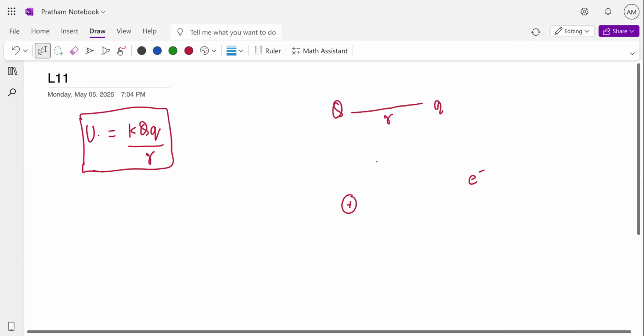So I'll just remove this. Just let me know, if I remove this charge from here, to stabilize this charge at this point, do I need any kind of energy? No, right? So it means to have electrical energy, I need at least two charges, right?